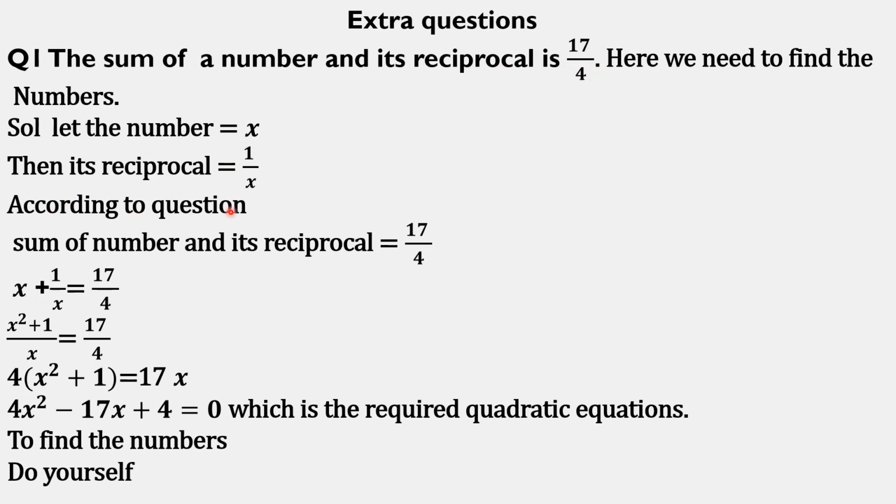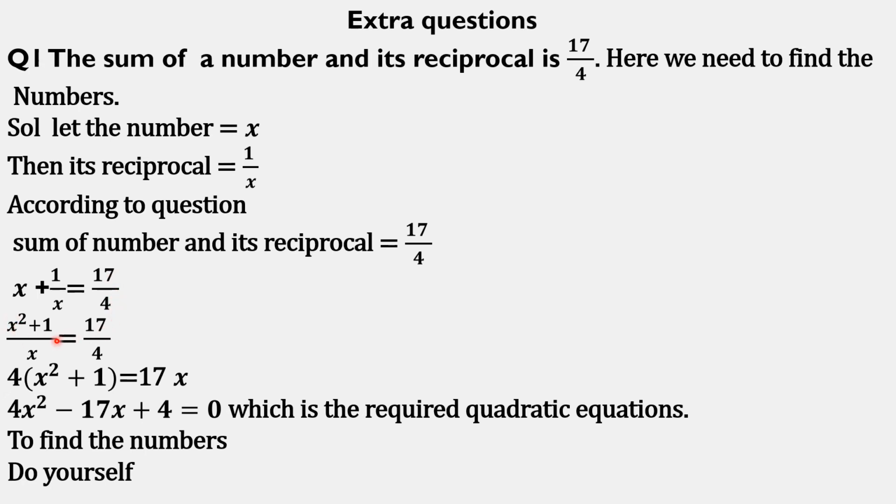So according to the question, the sum of the number and its reciprocal is 17 upon 4. So we write the number is x plus its reciprocal is 1 upon x. Both sum is equal to 17 upon 4.